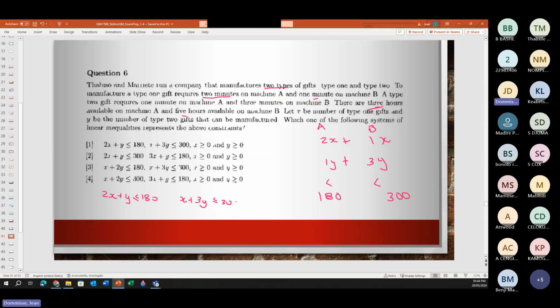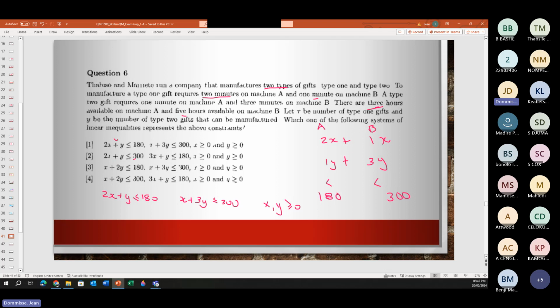And very normally we can't produce a negative item, so x and y is normally bigger than 0. Okay, so let's check. 2x plus y smaller or equal to 180.